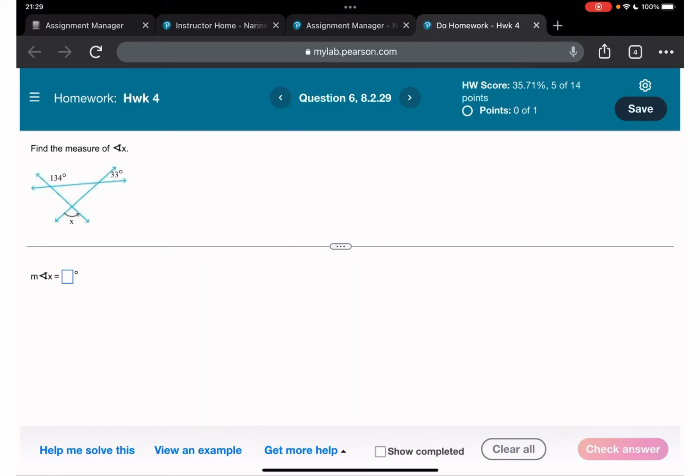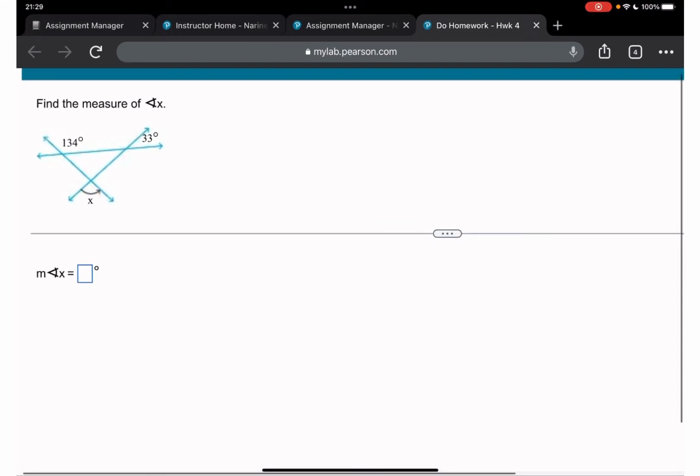So we need to find the angle X. So what do we have here? Let's figure it out. I'm going to draw this angle, 134 and 33.